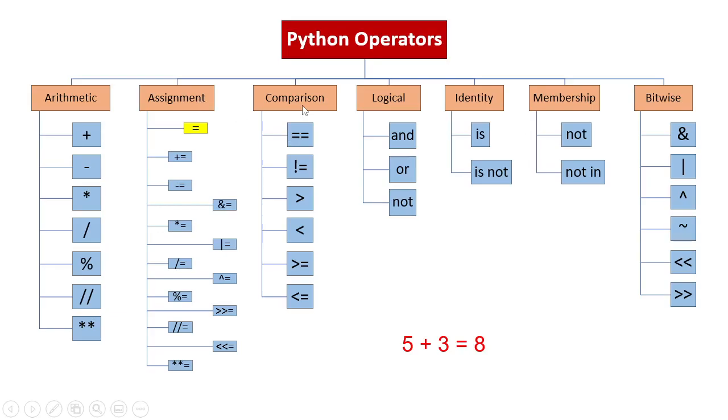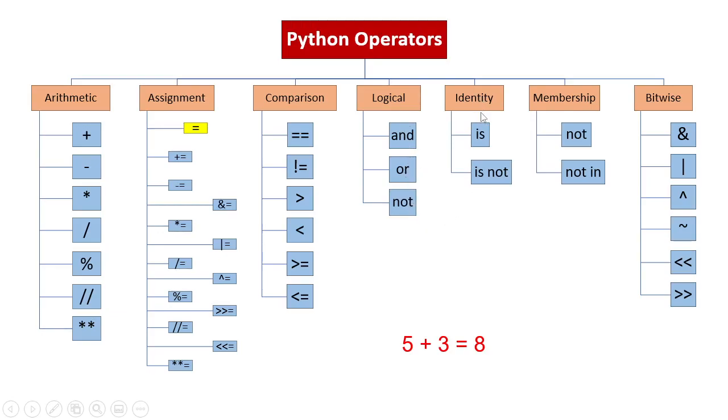There are also comparison operators or relational operators that compare two different values, whether they are equal to or not equal to, greater than, less than, sort of things. There are also logical operators, and, or, and not, that compare or do operation between two different strings or values.